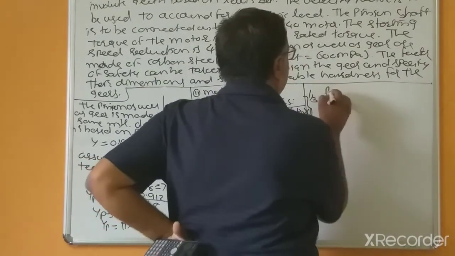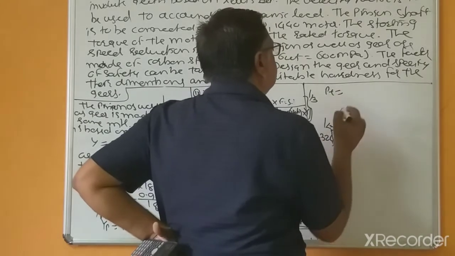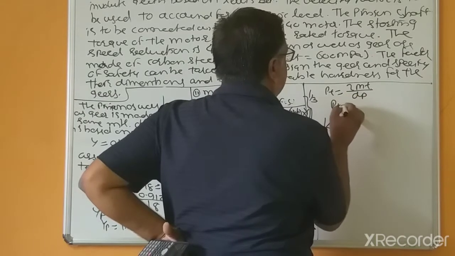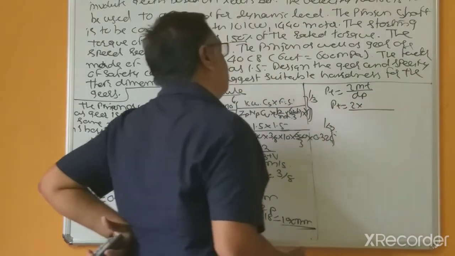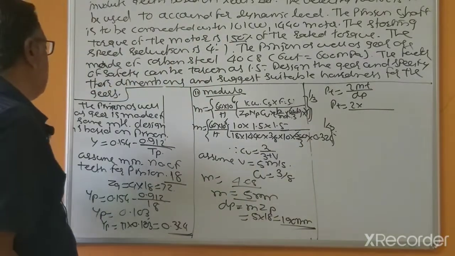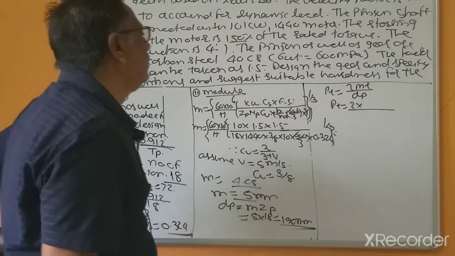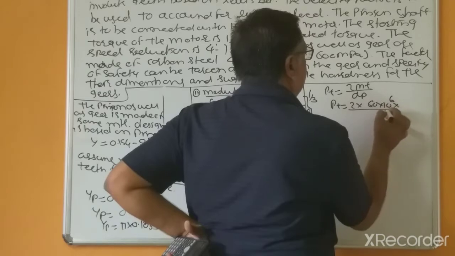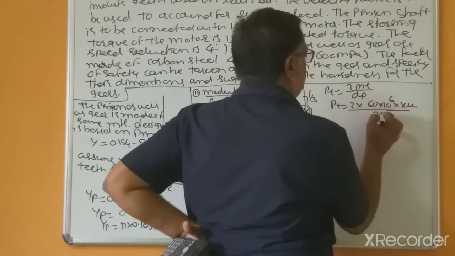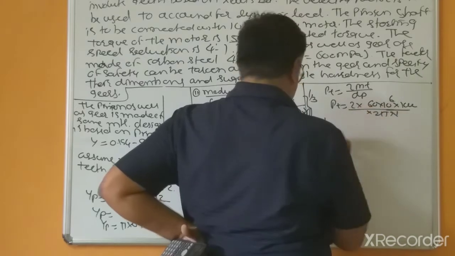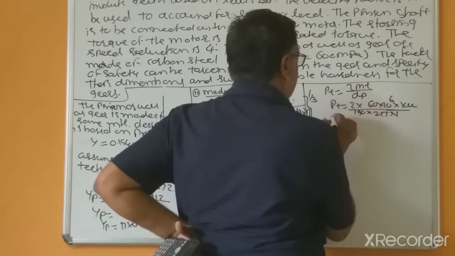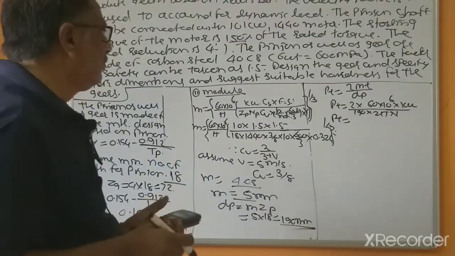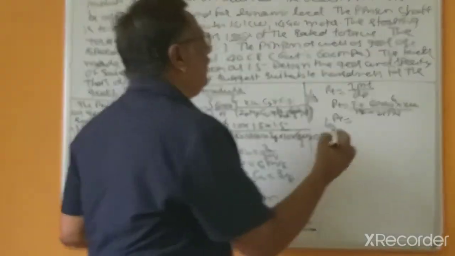After that, next step, calculate PT. PT equal to 2 Mt divided by d_p. So PT equal to 2 Mt. Mt equal to 60 into 10 to the power 6 multiplied by kilowatt divided by 2 pi n, and this d_p equal to 90, because this is also important. So kilowatt equal to 10 kilowatt.